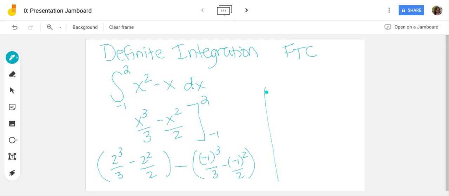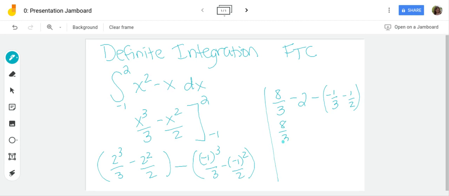So 2 cubed, that's going to be 8/3. And this will be minus 4 over 2, which is minus 2. And then I'm going to go ahead and keep this in parentheses, to keep my brain straight, subtracting this answer. So -1 cubed is going to be -1, so that's -1/3. And this is -1 squared, it would be +1, but I'm subtracting, so -1/2.